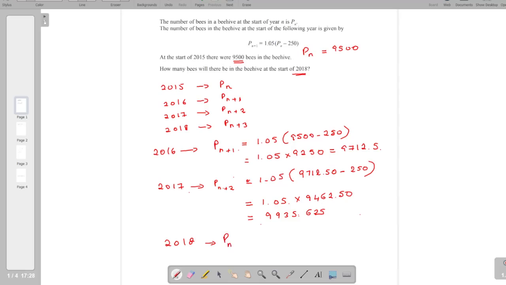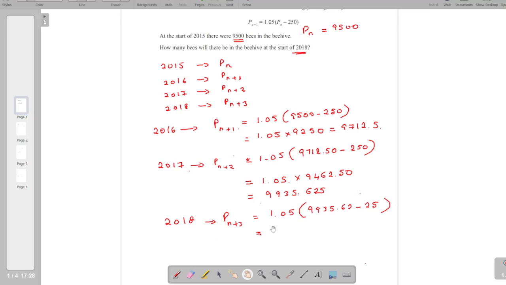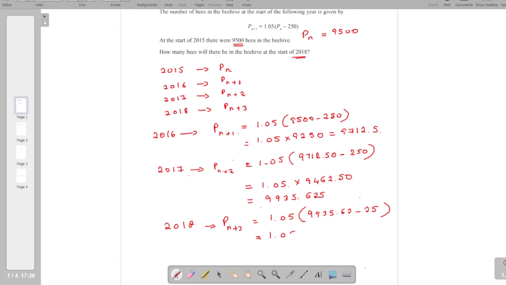That is actually Pn plus 3, which will be 1.05 in bracket 9,935.625 minus 250. That will give you 1.05 times 9,685.625.